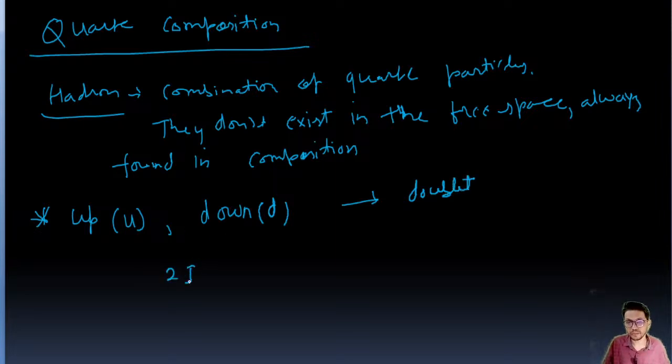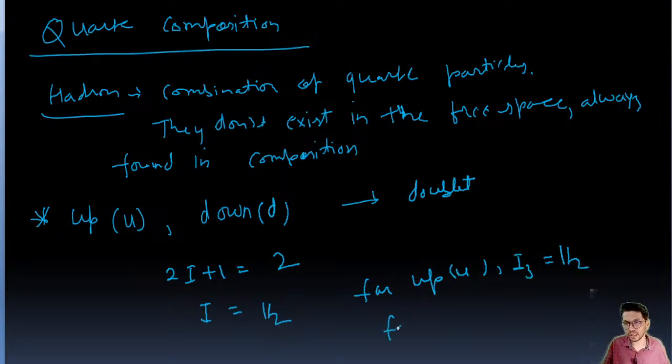Doublet means we find 2I plus 1 equal to multiplicity, which is 2. So from here, I is going to be 1/2. For up, that is U, I3 is going to be 1/2, and for down D, I3 is going to be minus 1/2. Okay, I have already told this formula, guys.